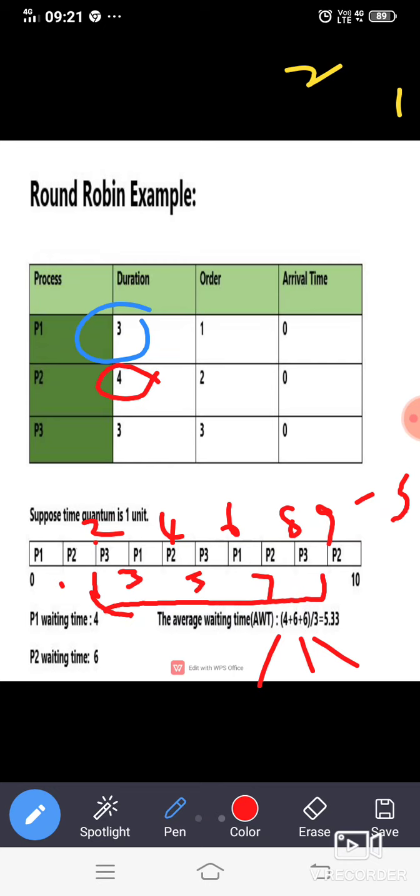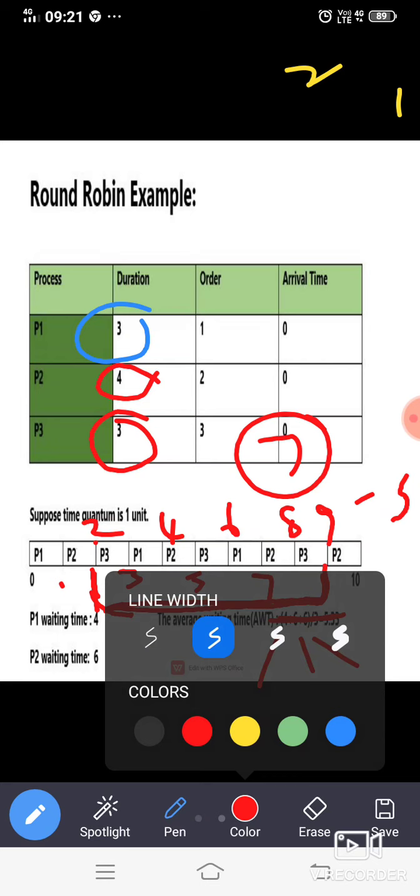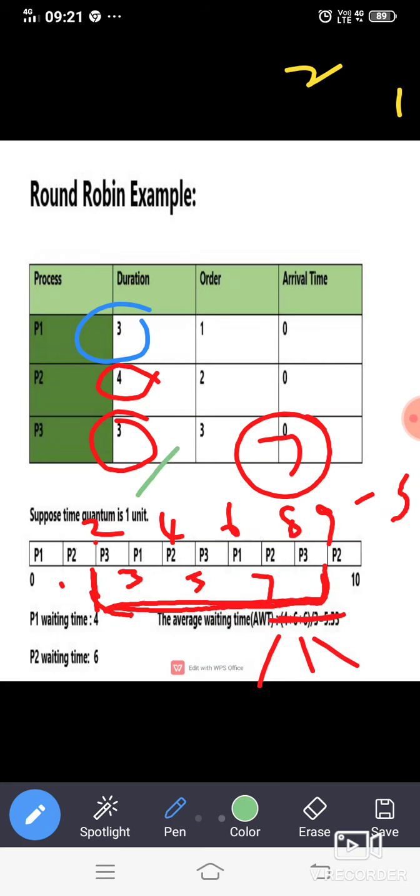So 9 minus 2, how much time has it taken? 7, right? But how much time does it have to take? It has to take 3. So you don't consider this 7. So from 2 to 9, the total time it has taken is 7. But actually it has to take only 3 seconds, right? So 7 minus 3 is going to be 4.